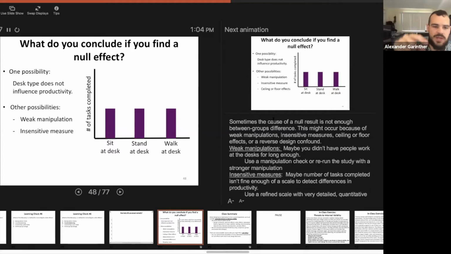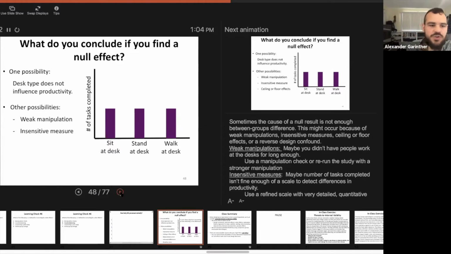I had a weak manipulation. And so we didn't see any differences in their ability to do math problems when maybe there would be one there if the volume was at a level where they could hear it. So I would be wrong to just do that experiment, to do the experiment poorly, get no results, and say, there's no relationship here. That's why it's so tough when you get a null effect to know how to interpret it.